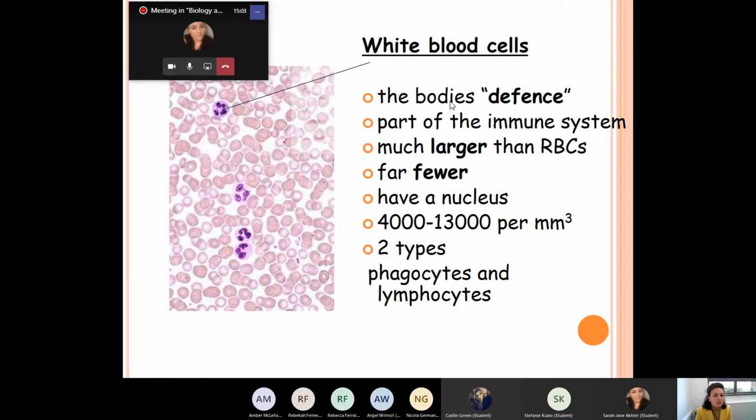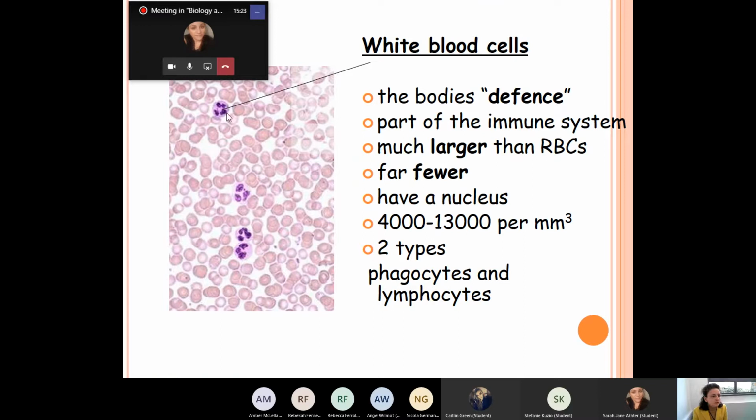So just to sum up some of the key points about white blood cells, I think we already discussed that they are your body's way of protecting itself from bacteria, viruses, foreign proteins, things like that. So essentially they form a really important part of your immune system.